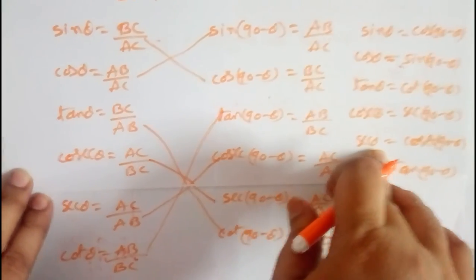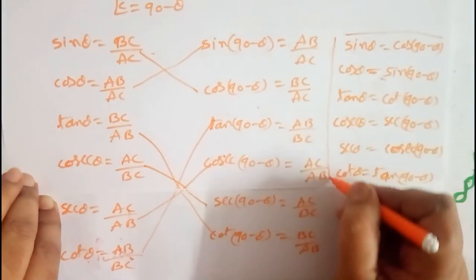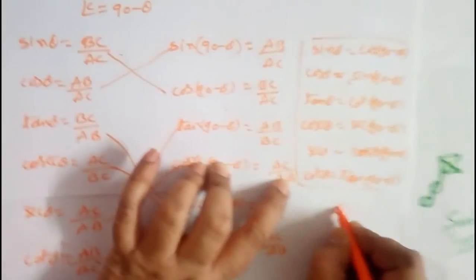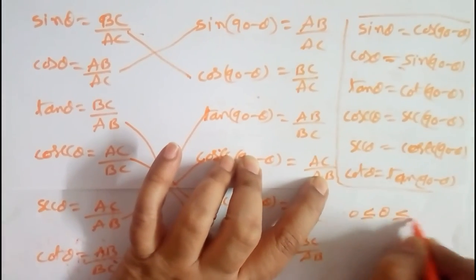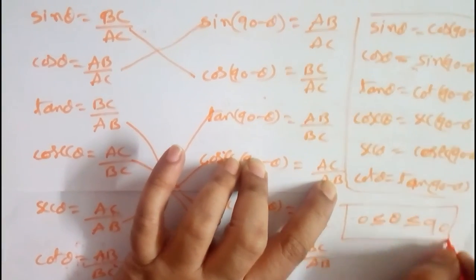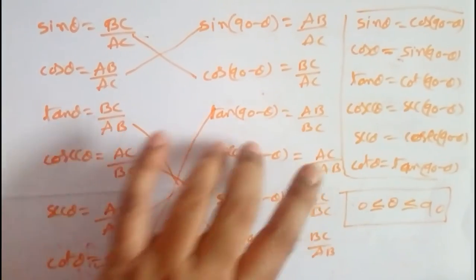So these are the trigonometry ratios of complementary angles. This is true for theta greater than or equal to 0 and less than or equal to 90.